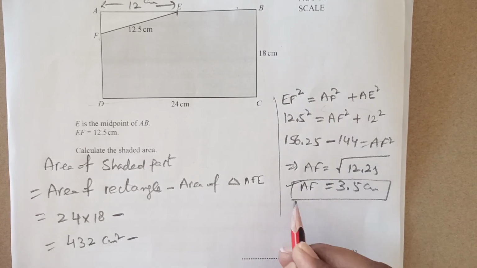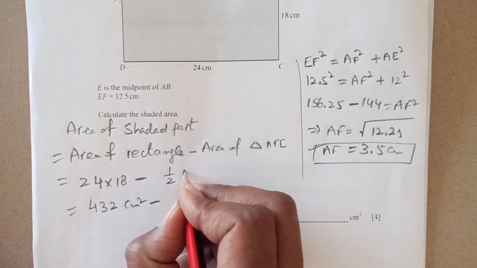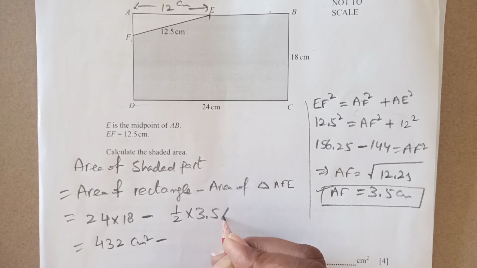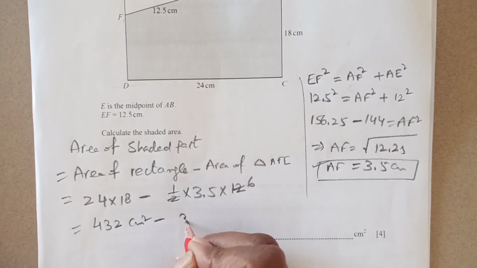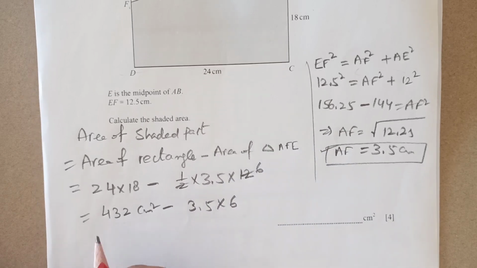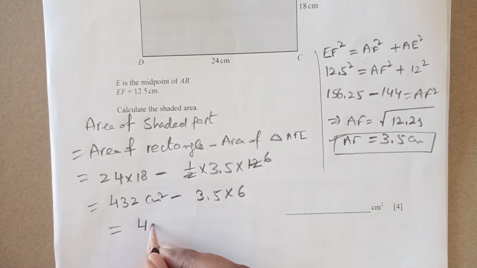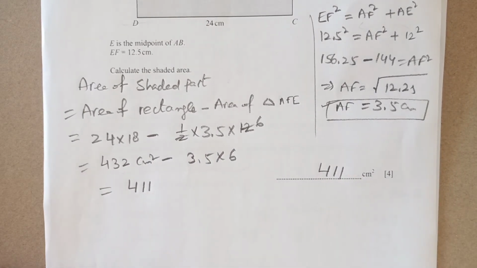We are going to use this to calculate the area. So half times base. Base is now AF, which we have calculated as 3.5, times height, which is 12. So 2 times 6. So this is 3.5 times 6. So once you calculate this, this comes out to be 411. So the final answer is 411.